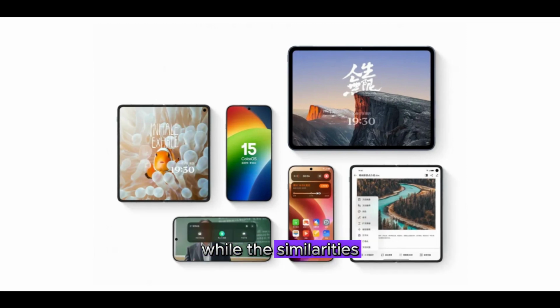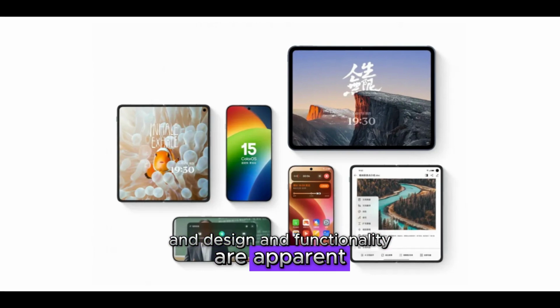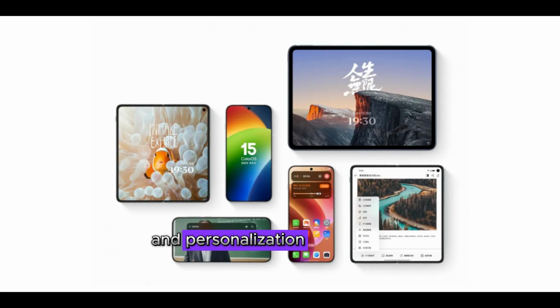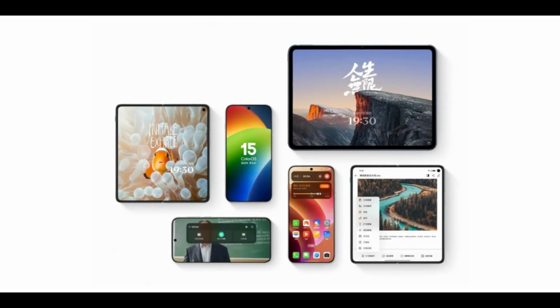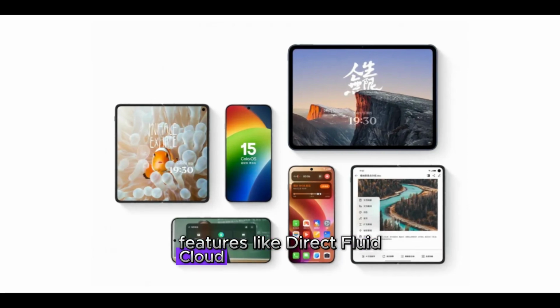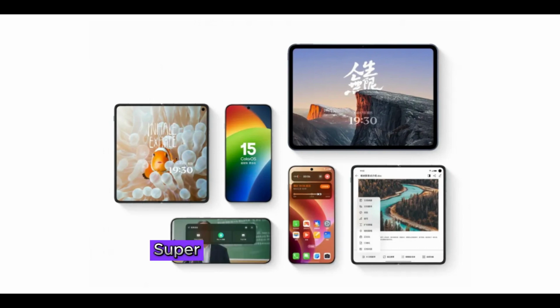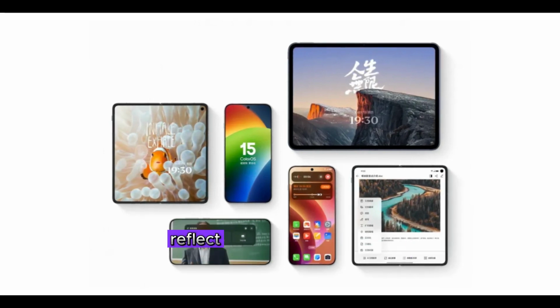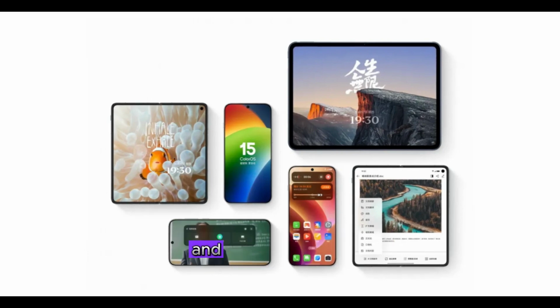While the similarities in design and functionality are apparent, Oppo has taken liberties to cater to the flexibility and personalization that Android users value. Features like Direct Fluid Cloud, Orion's adaptability, Super Dark Mode, Smart Sidebar, and privacy-oriented tools reflect a balanced approach of innovation and inspiration.